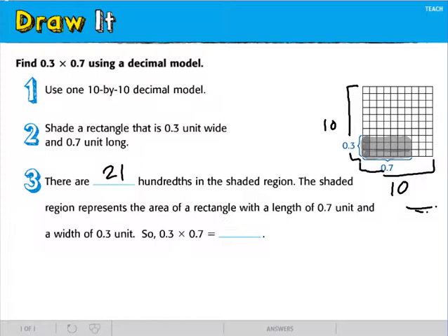I want to write 21 hundredths. Walker? 0.21. So we're going to put a 0 there, but yeah, 0.21. So decimal, right? There's a decimal. Tenths place, hundredths place. 21 hundredths. Okay?